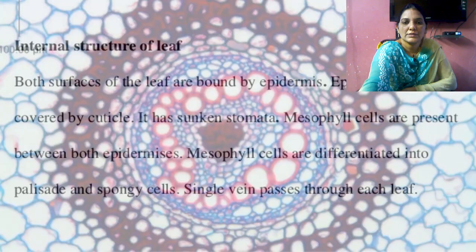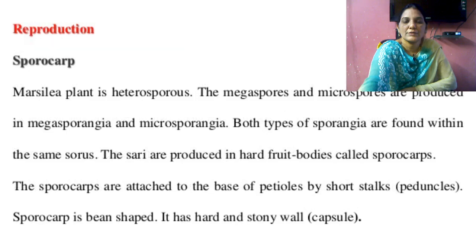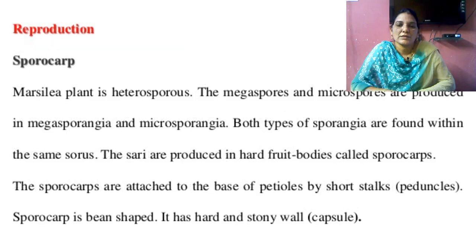Internal structure of the petiole. Then coming to reproduction of the Marsilea plant. The small sporocarps are bean-shaped structures, and they are present at the bottom of the plant, at the base of the petiole.